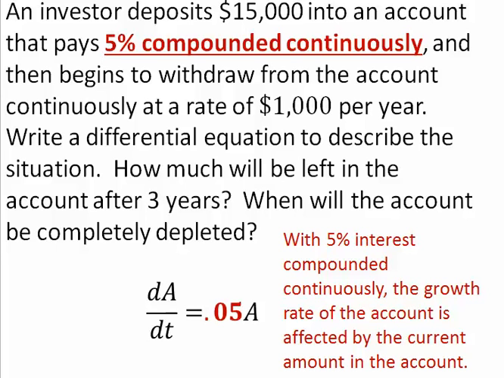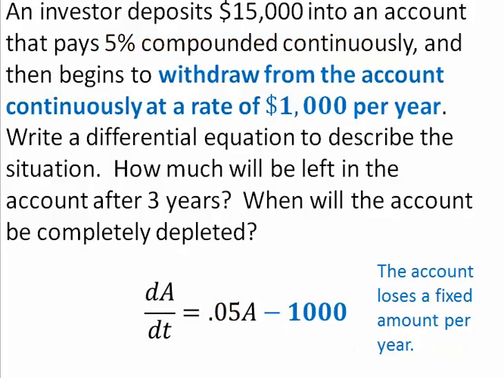With a 5% interest compounded continuously, the growth rate of the account is affected by the current amount in the account. Our change is that we are adding 5% of what we have. Also, we are losing a fixed amount of $1,000 per year.